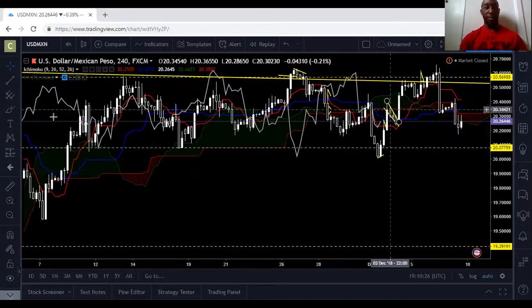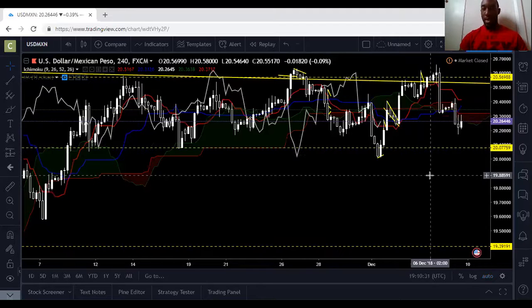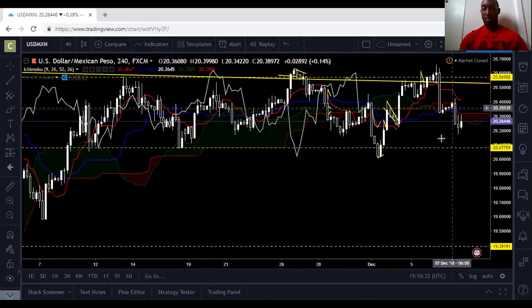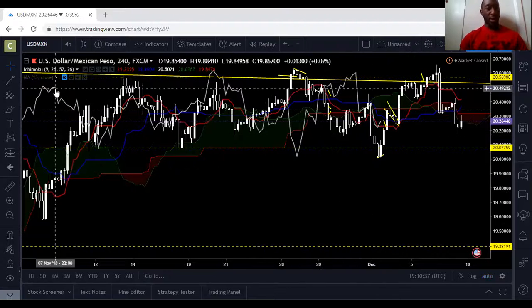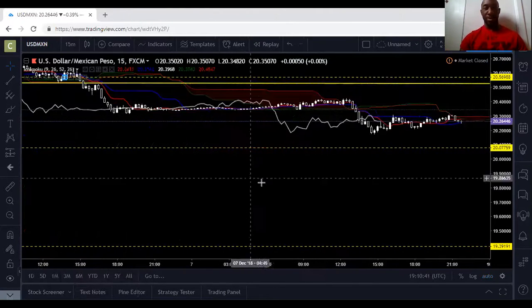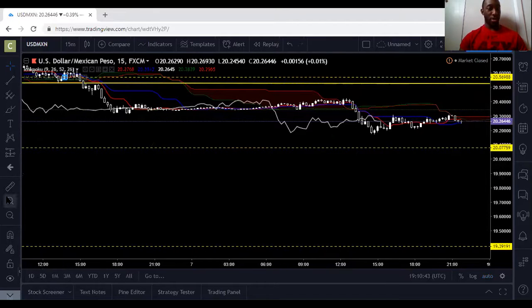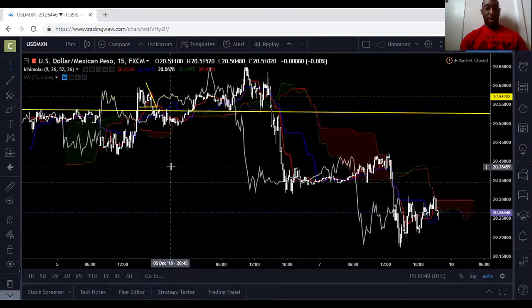So it's been playing between these areas going back and forth. So how would I trade this? Honestly, I wouldn't, but if I were to trade it, it would be on a smaller time frame, like the 15-minute time frame. Zoom out. It would be more for scalping.